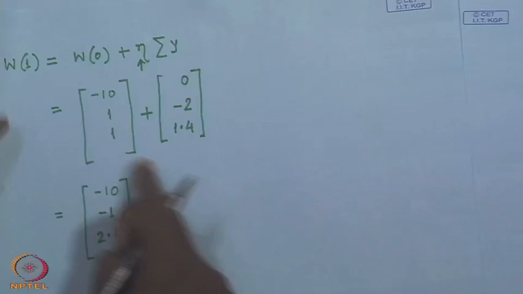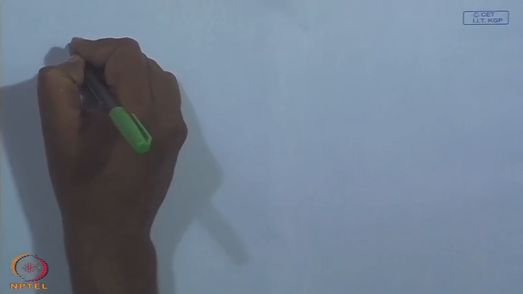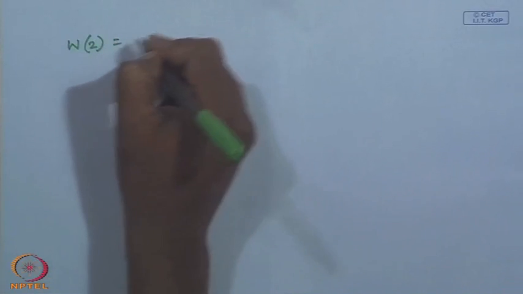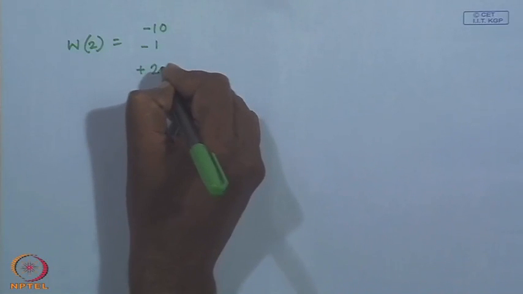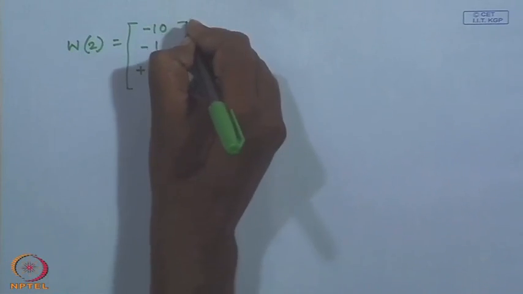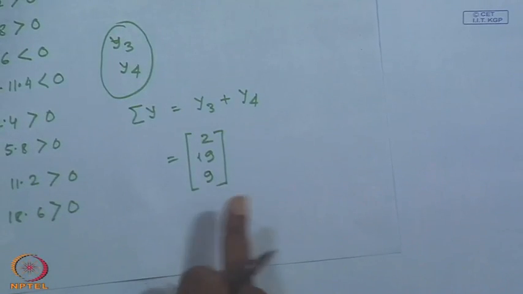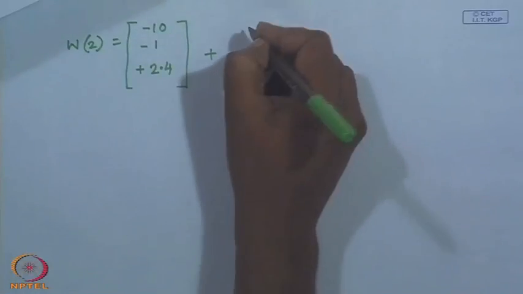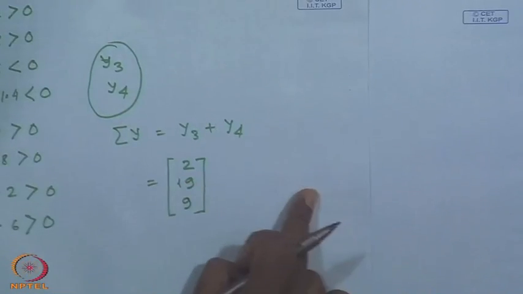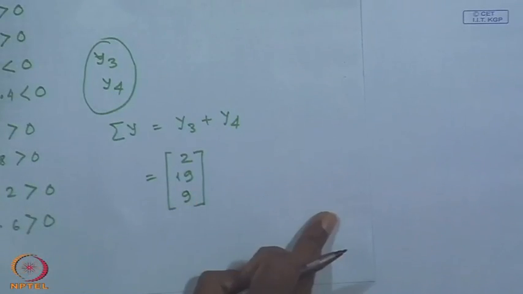So, I had W1, that is this, minus 10, minus 1, 2.4. So, from here I get W2, which will be equal to minus 10, minus 1, plus 2.4, plus eta times this, and as eta is equal to 0.2, I will just have plus 2 into 0.2, that is 0.4, 19 into 0.2, that is 3.8, 9 into 0.2, that is 0.8.